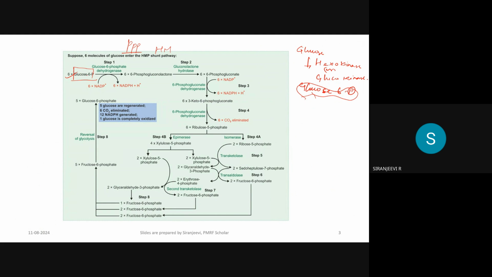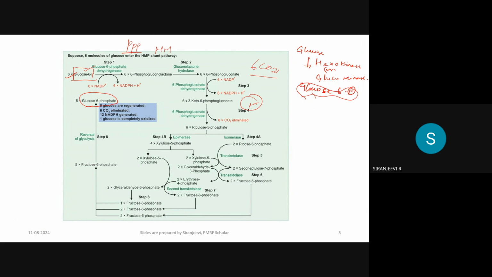What will happen? Glucose 6 phosphate will be converted back to glucose 6 phosphate again. That glucose 6 phosphate will be regenerated, but one glucose molecule will be expelled as 6 carbon dioxide, and in between we remove H plus ions also. Finally, only 5 glucose 6 phosphate molecules we will get out of this whole pathway.